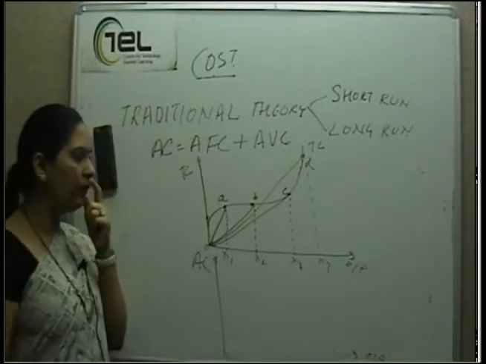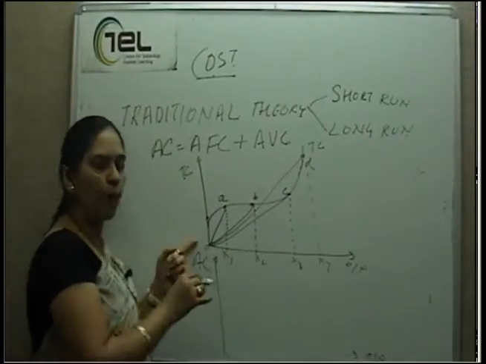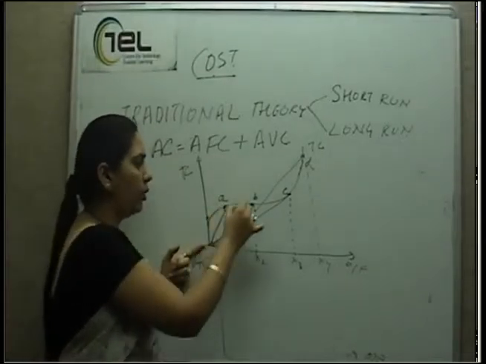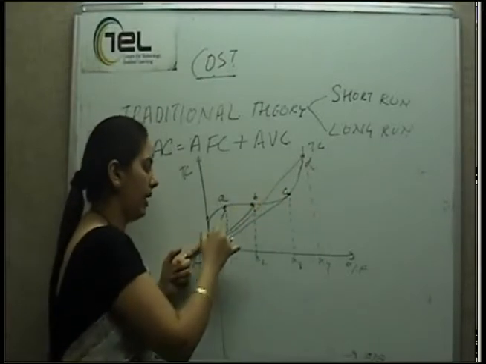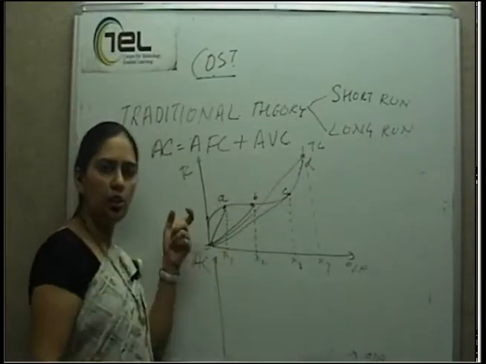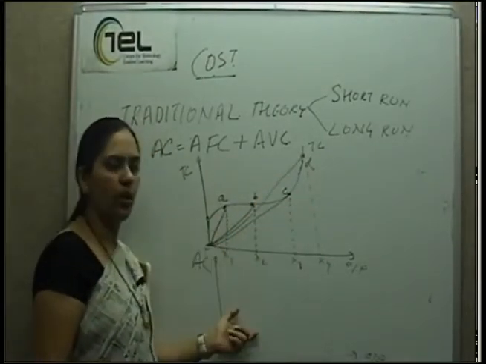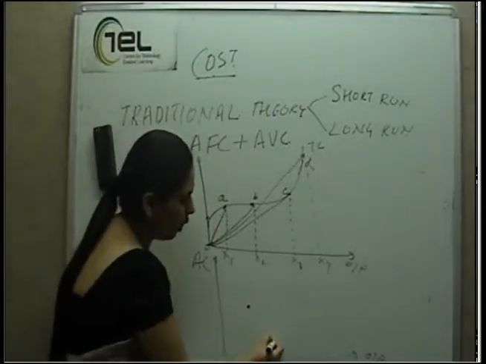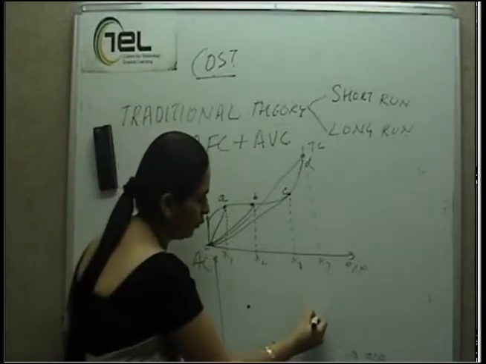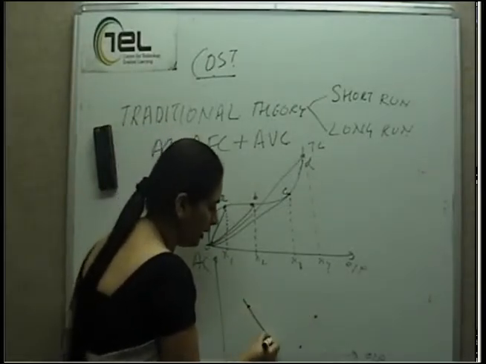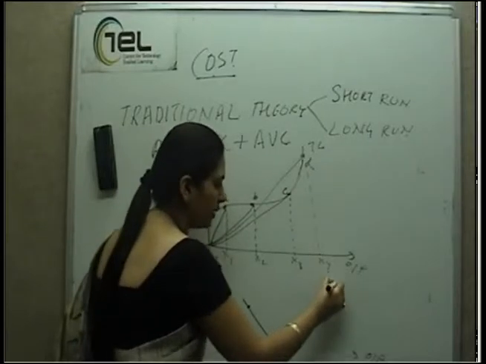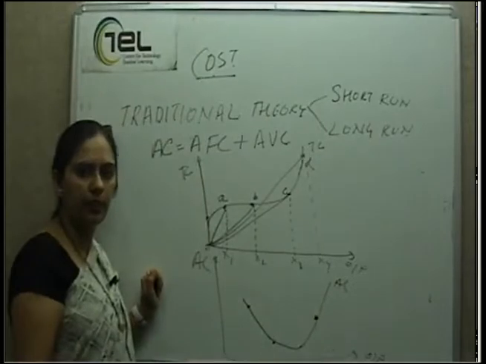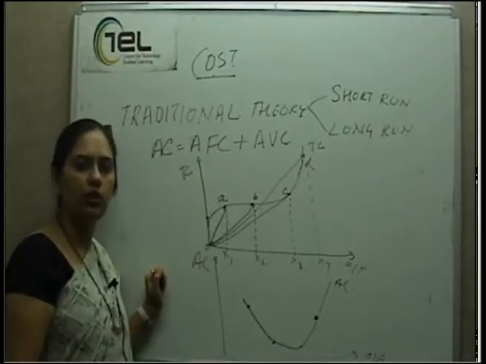Now, when we plot the slope of line from 0 to A, from 0 to B, 0 to C and 0 to D, the slopes of these lines when plotted on the second diagram would give us 4 points again, which once we join the locus of these points would reflect a curve which is a U-shaped curve, which is referred to as average cost curve.